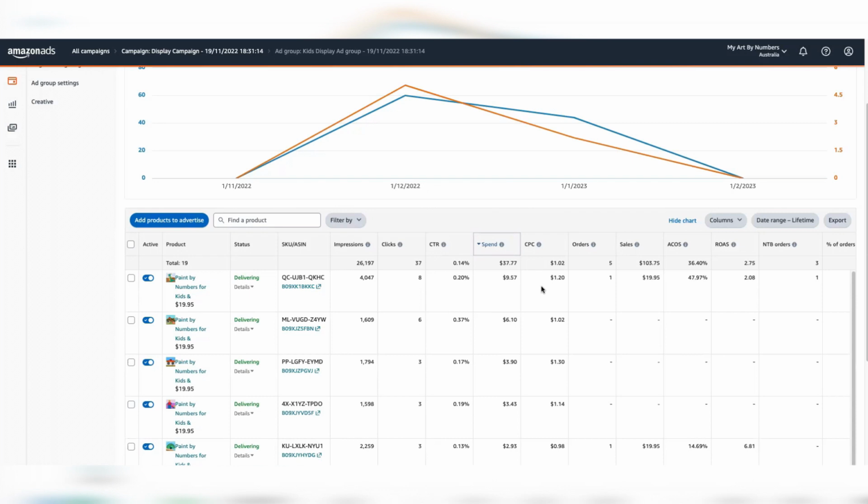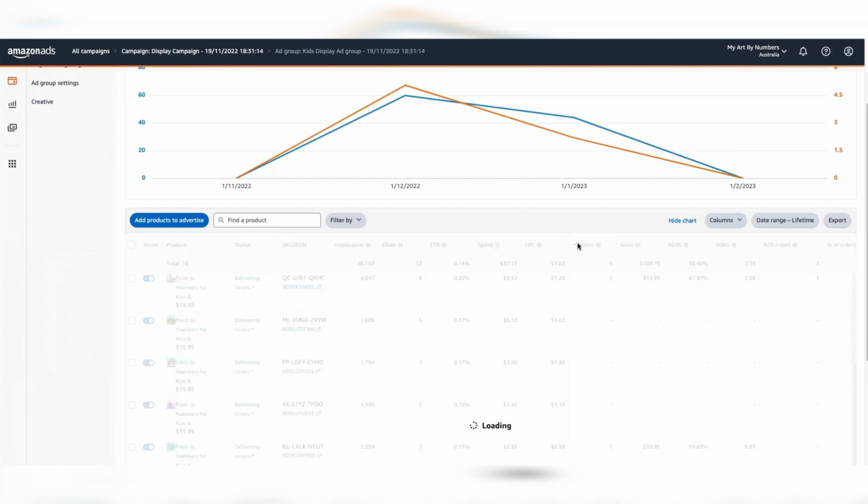You're bidding a lot higher for this display campaign, and it might just be because Amazon suggested that you bid $1 for these, bid less for the other keywords. But as we start to get more data in, then these are the types of things that you want to look at. Adjusting your bids depending on how it's performing. So you can see here, even though it's had 8 clicks and 1 order, because your cost per click is much higher, that's causing your ACOS to spike.